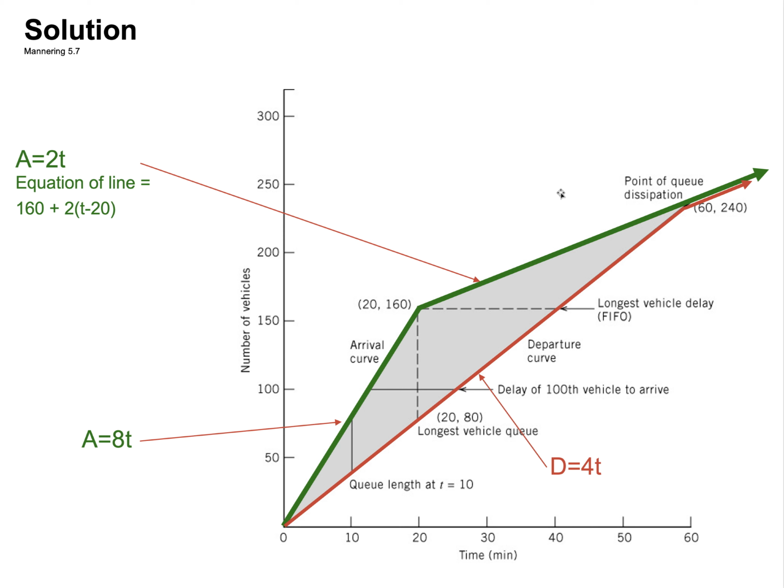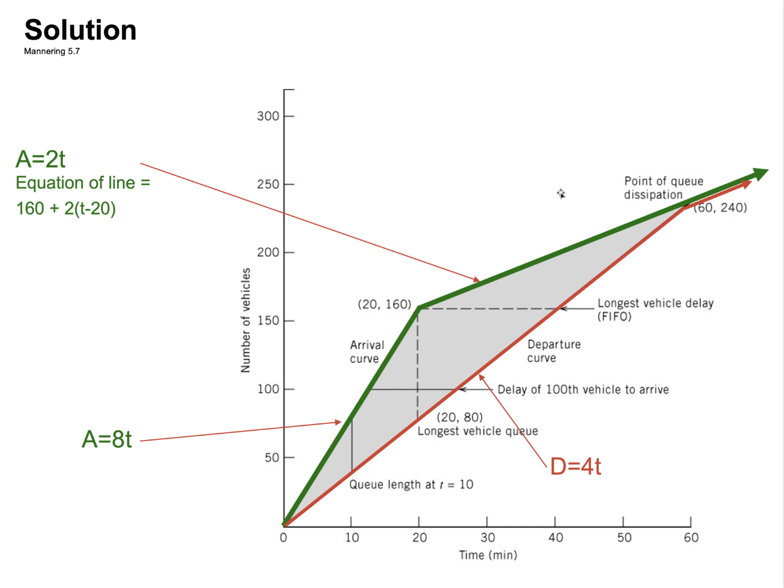So at 8:20, the arrival rate drops to 120 vehicles per hour. And so the slope of the green line drops. So I'm showing the arrival curve in green here. And there are a couple things to notice. You can write an equation for the initial portion of the arrival curve, and that's a equals 8 times t in minutes.